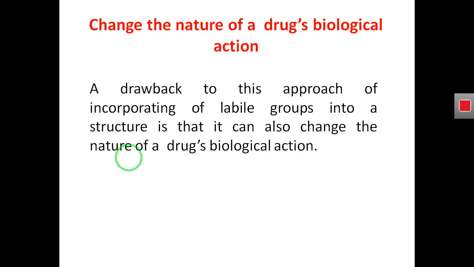Now we have the third approach. What is the third approach? In the third approach, we can change the nature of a drug in such a way that it changes its biological activity. Means by drug designing, we can change the biological activity of a drug, but this approach has a drawback.